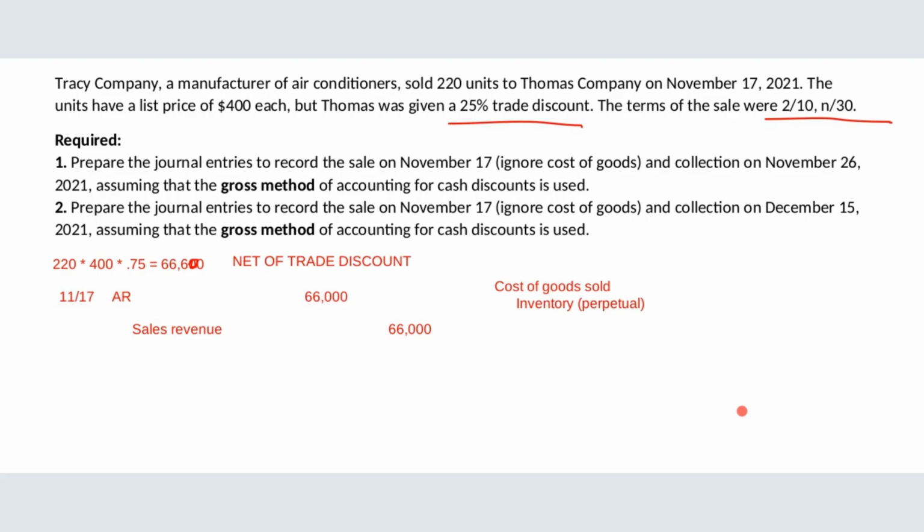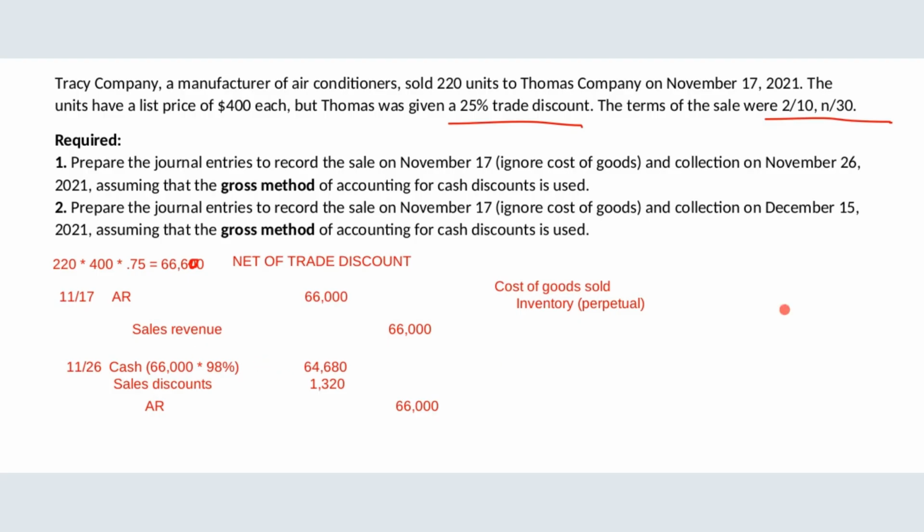So it will be the 66 multiplied by 98%. That's the net cash amount that we are receiving, okay? And then we're still going to have to credit our accounts receivable for the 66,000 because we want to zero out our receivable. And then the difference is going to go to sales discount. Okay, and that is 1,320.